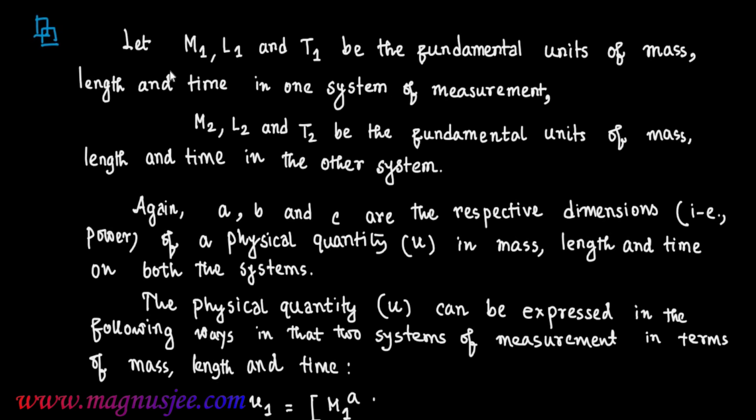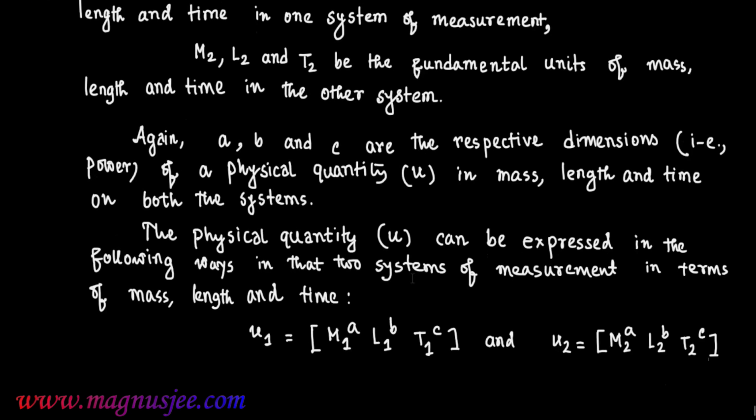Now u1 is the unit of the physical quantity, which is equal to M1 to the power a, L1 to the power b, and T1 to the power c, and u2 equals M2 to the power a, L2 to the power b, and T2 to the power c.